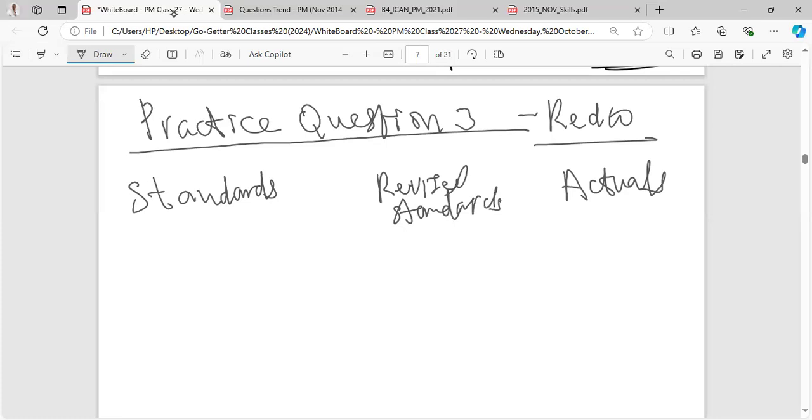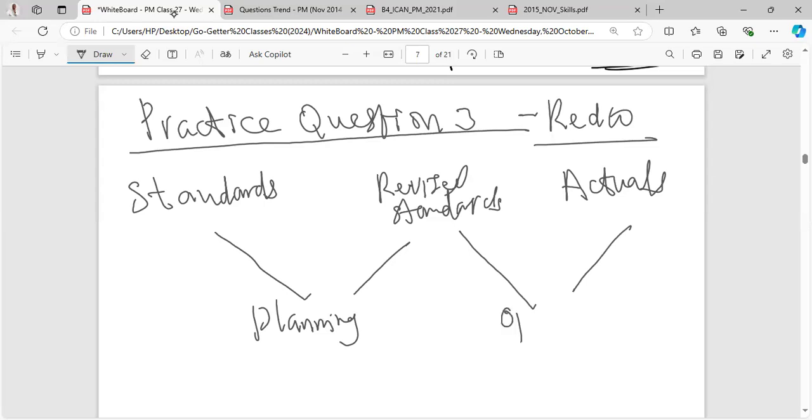Okay, so when you want to do planning variance, it is between standards and revised standards. When you want to do operational variance, it is between revised standards and actual.